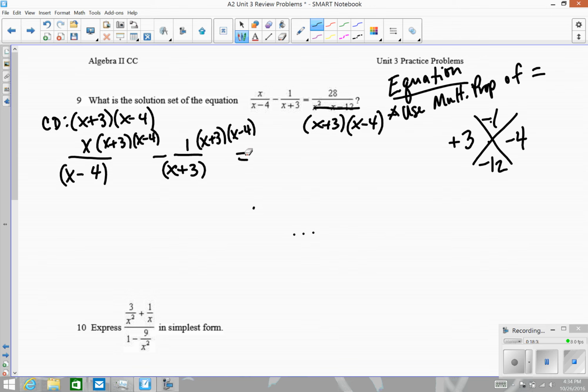And my last term on the other side of the equal sign, I'm also going to multiply by that common denominator. Now notice I am multiplying this common denominator in all of the tops of my fractions, or all the numerators. I am not multiplying it in the top and the bottom.